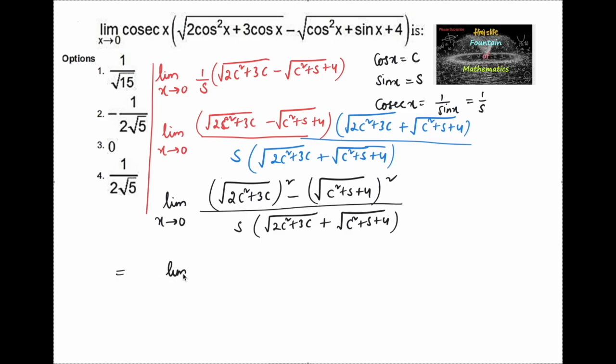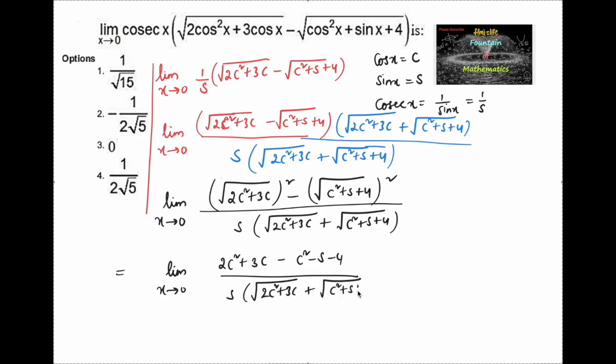So which is equal to limit x tends to 0, 2 cos square x plus 3 cos x minus cos square x minus sin x minus 4 divided by sin x of under root of 2 cos square x plus 3 cos x plus under root of cos square x plus sin x plus 4.